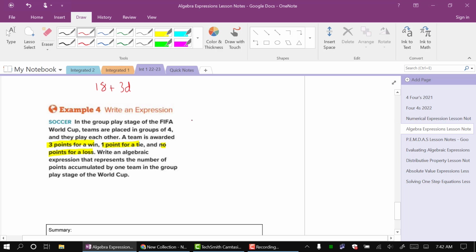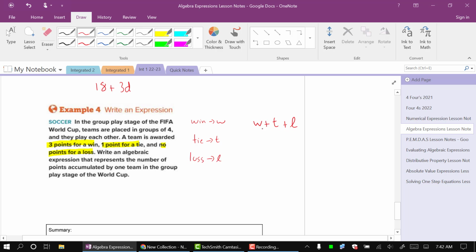So win, I'm going to say is a W. Tie, I'm going to say is T. And loss, I'm going to say is L. So we want to write an expression for the points they accumulated. So they add up their wins plus their ties plus their losses.